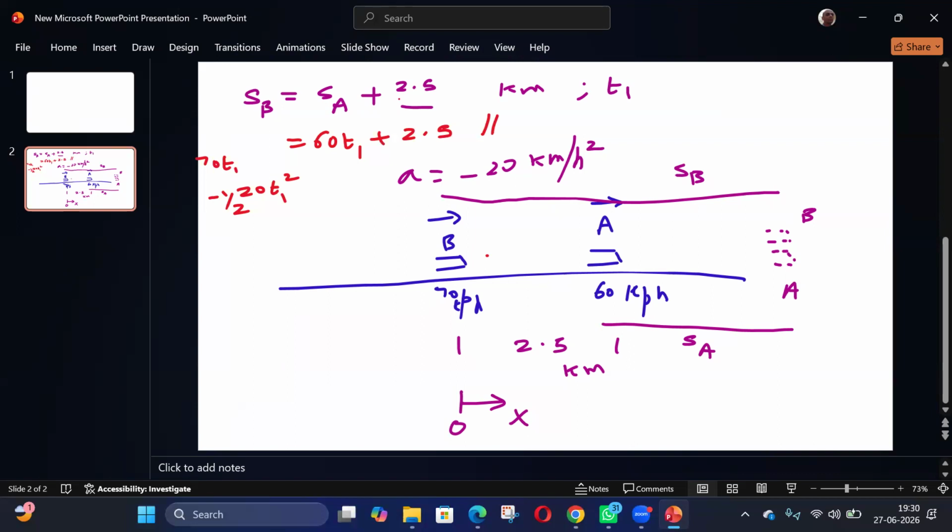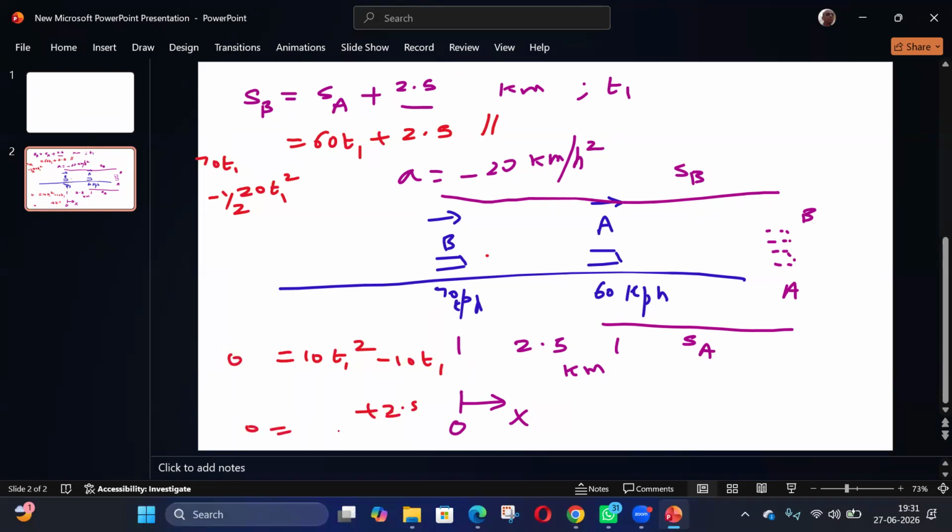Because A is uniform velocity, it is just the distance traveled, uniform velocity into time. For B, it's uniform deceleration, so it's ut minus half at square, or plus half at square where a is negative. So this we have to solve. If we take it to the right side, 10 t1 square minus 10 t1 plus 2.5 equals 0.